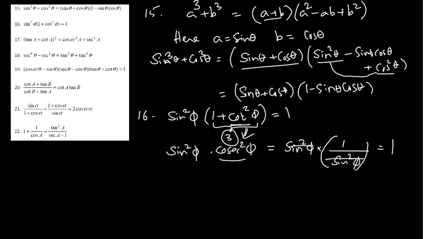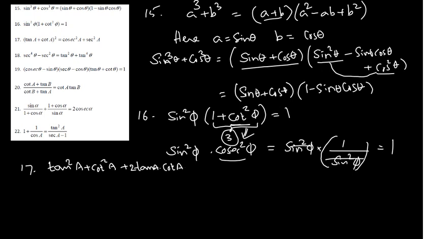So 17: tan a plus cot a whole squared. Obviously, we need to open the bracket, which is a plus b whole squared. Expand. Tan squared a plus cot squared a plus 2 tan a into cot a.